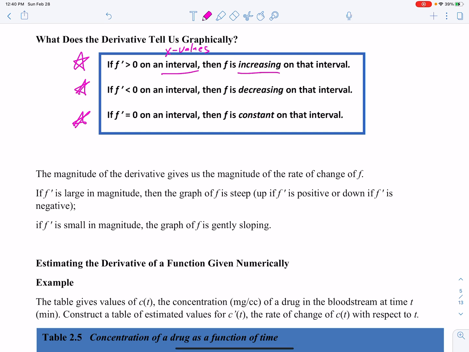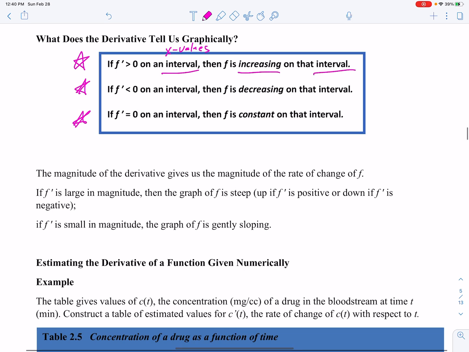The y values are getting bigger on that interval of x values. Positive slope, positive derivative means increasing function. Of course, we can just switch it all around. If our derivative is negative, that means the slopes of the tangent lines are negative on those x intervals, then the function is decreasing. The y values are going down.